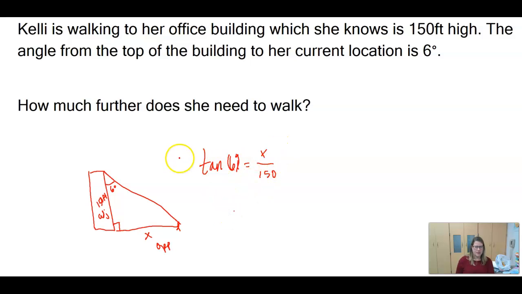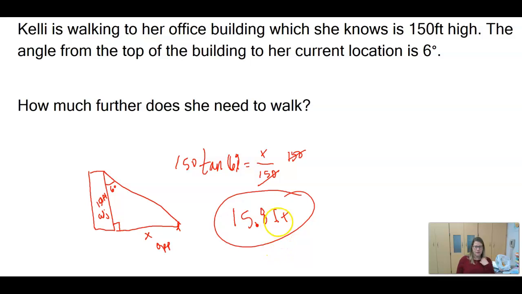So just multiply both sides by 150. So x equals 150 times tan 6. So I'll hurry and put that in my calculator. And that is equal to 15.8. I'm rounding again. And it was in feet, right? Yeah, so 15.8 feet is how much further she needs to go.